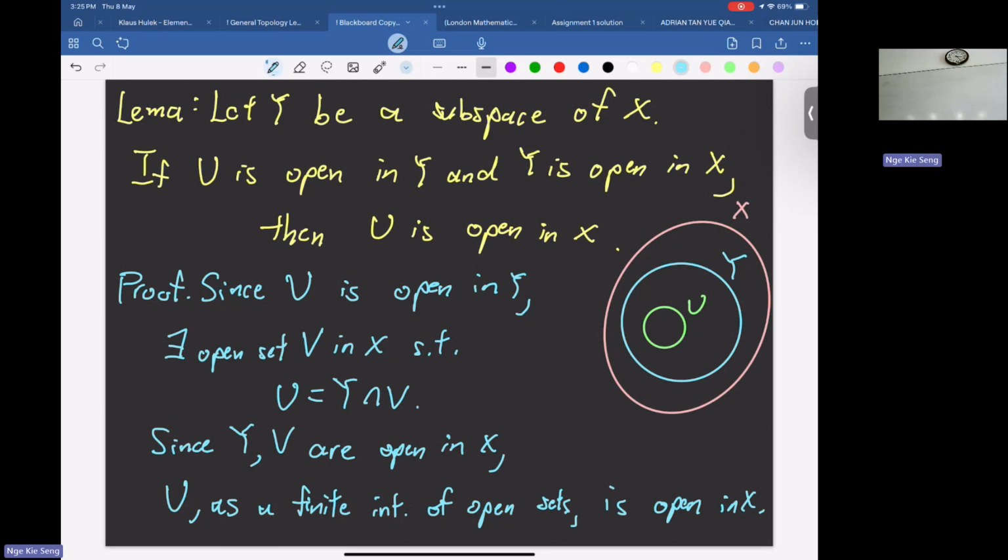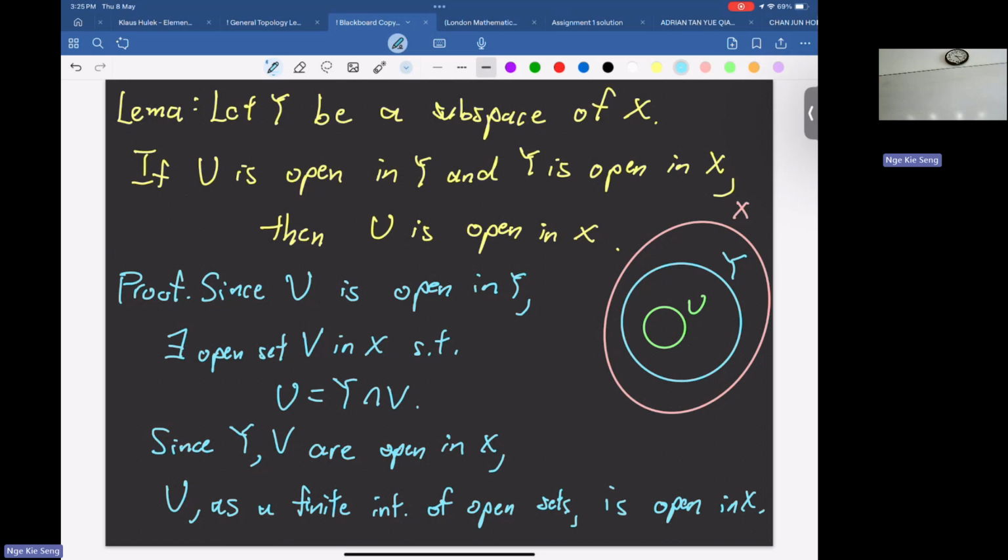And then the next thing we did was define subbasis, which is the union of finite intersections. So finite intersections of subbasis elements become your basis. And then we defined the subspace topology.